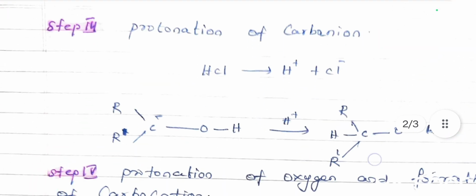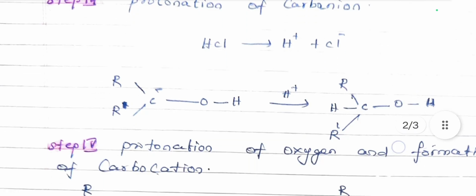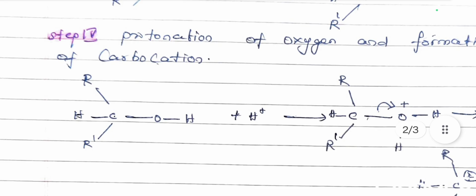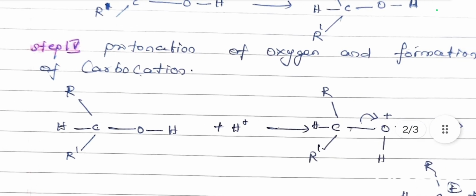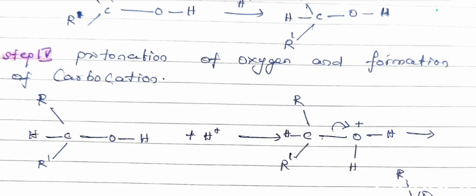In the third step, protonation takes place on the carbon, which carries more electrons, and in the fourth step, protonation takes place on the oxygen atom, which is the more electronegative atom.